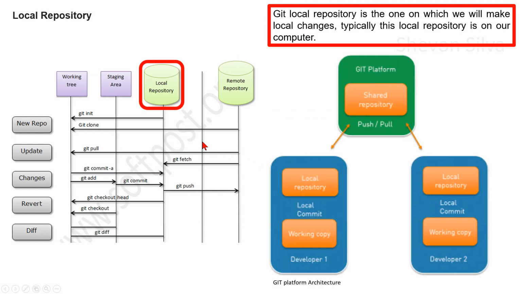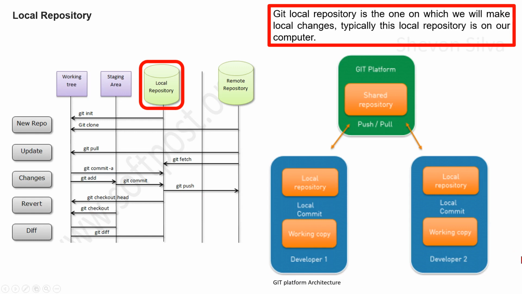Now we are focusing on local repository. Git local repository is the one on which we will make local changes. Typically, this local repository is on our computer. Here we are considering a special case, Git platform architecture.